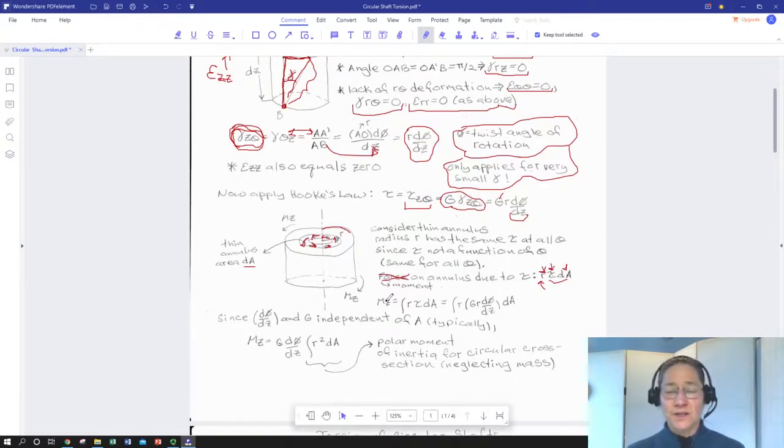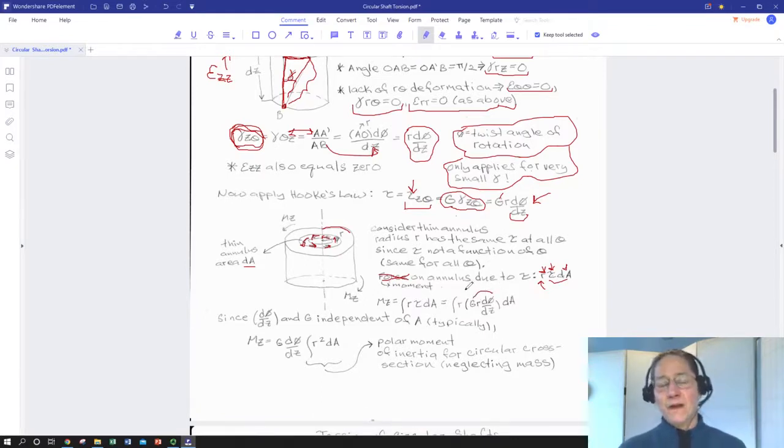So all we have to do is integrate to get the actual moment that results in that shear stress, which results in that angular deflection per unit length on the shaft. So here's my tau. I can drop in the whole expression for tau. I've got an r. Oh, it had an r come in with my expression for tau. I'm going to integrate over the whole area.